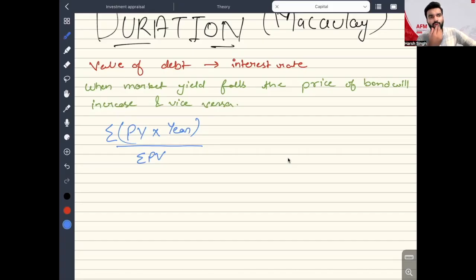Now you ask how much average time I am taking to get my toffees back. A normal guy will say 3 years, because that's when you get your 10 toffees back, right? But as per Macaulay duration, you are getting your toffees back in only 2.3 years. I calculated it before. How is that happening?